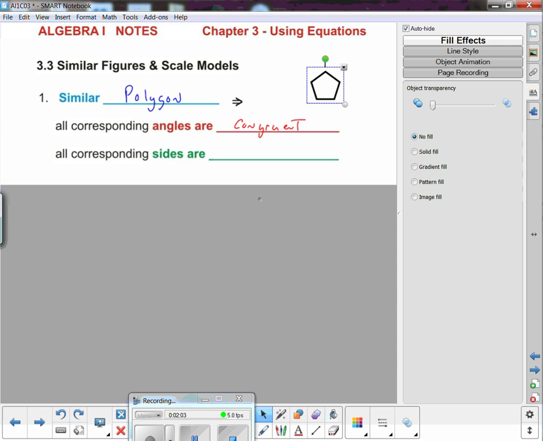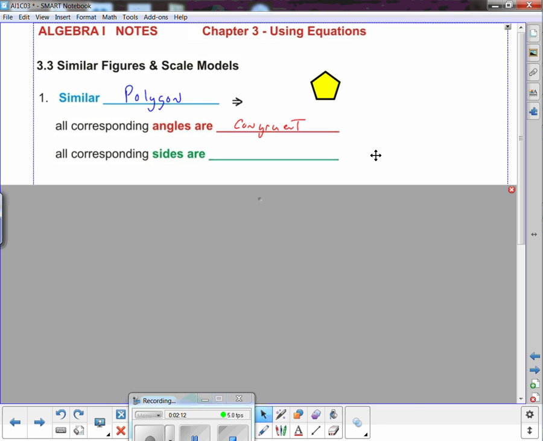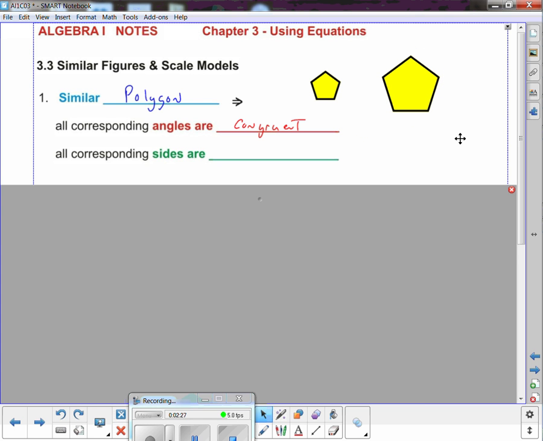Let's go yellow. Okay, so we have a pentagon there, right? So now I have another pentagon. Those two pentagons are similar figures. Now, they're also regular pentagons.